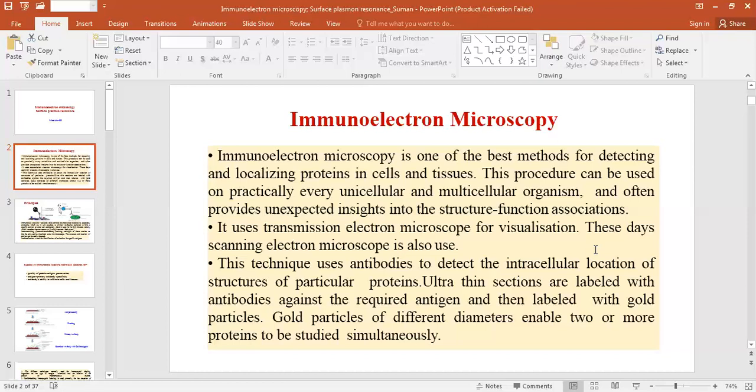So the electron beam is focused onto the sample, and the more electrons are prevented from passing through the sample, while those electrons with enough energy to penetrate are transmitted, further focused and projected onto a phosphor screen.